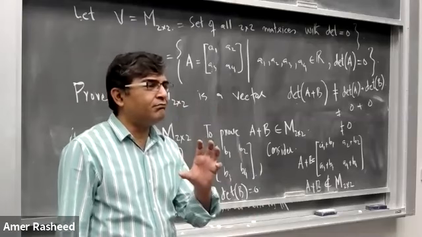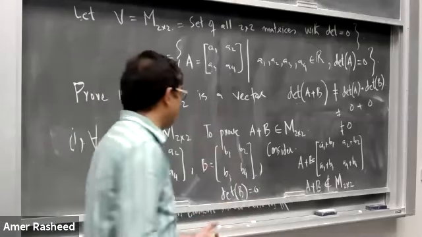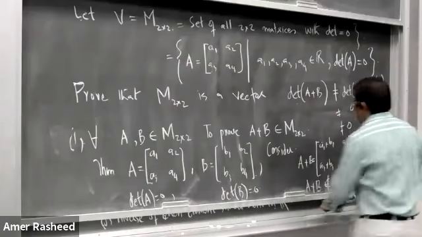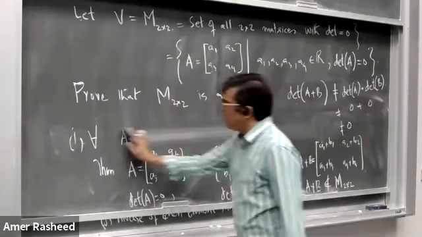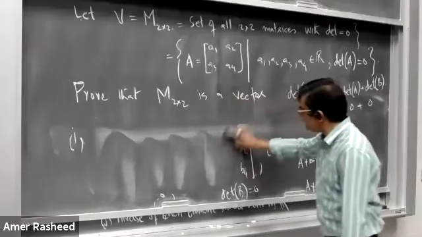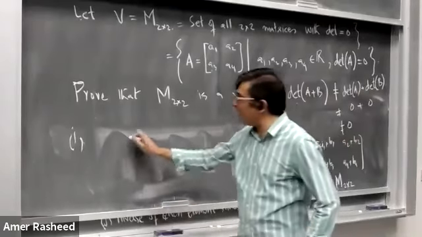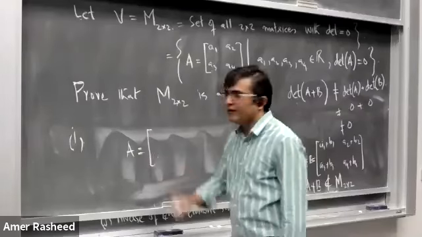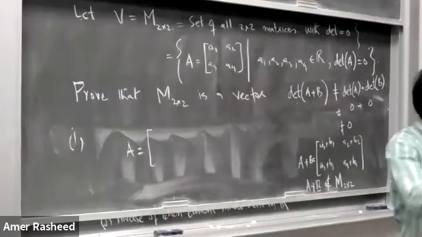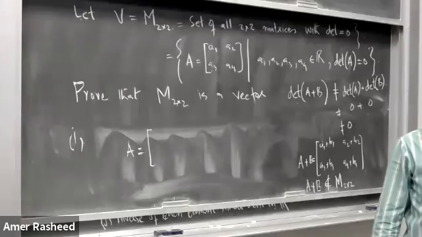दो ऐसे आप काउंटर एग्जाम्पल दे सकते हैं. यहाँ पे काउंटर एग्जाम्पल क्या दे सकते हैं? फॉर एग्जाम्पल आई एम गोना चूज two matrices A and B. Determinants are 0. ठीक है.